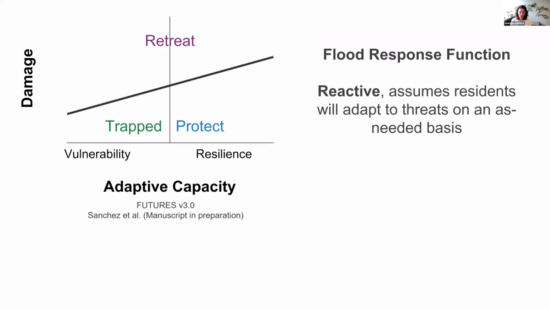How the response function is parameterized will directly determine the simulated amount of people and developed land exposed to the risk of flooding. I just showed you our simulations for that reactive response function that assumes that residents across the Charleston metropolitan area will adapt to flooding as needed.